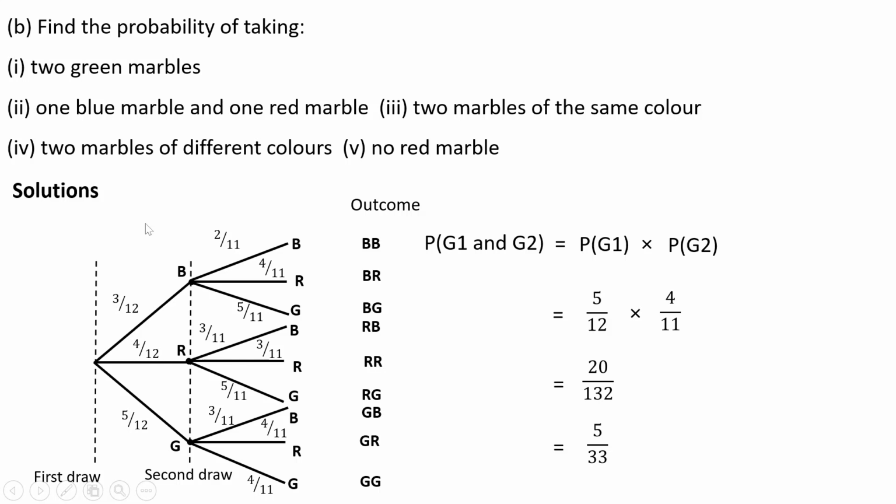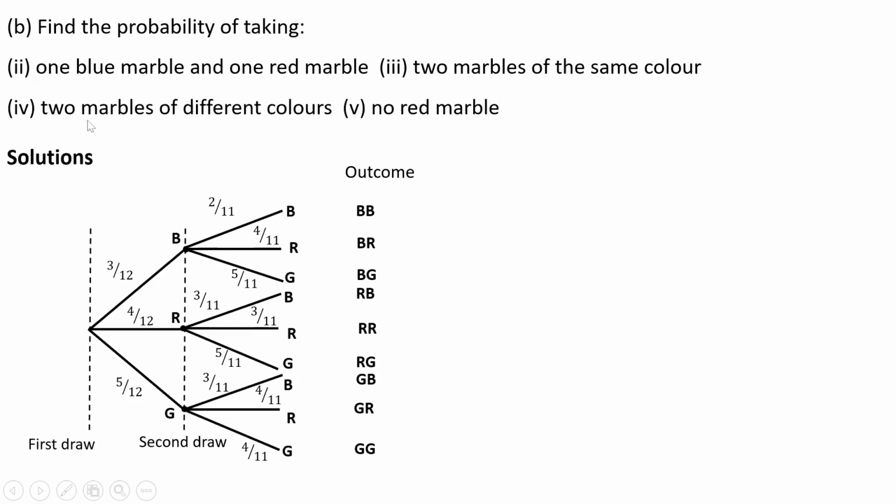Then we move to part 2 of B, which says find the probability of taking one blue marble and one red marble. So we are looking at the probability that it will be blue then red, plus the probability of picking red then blue.